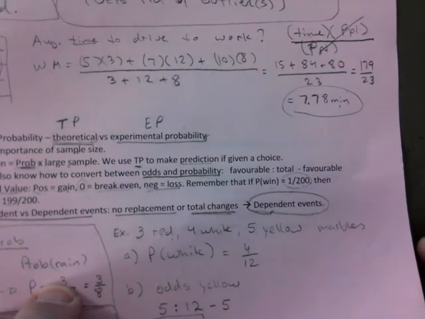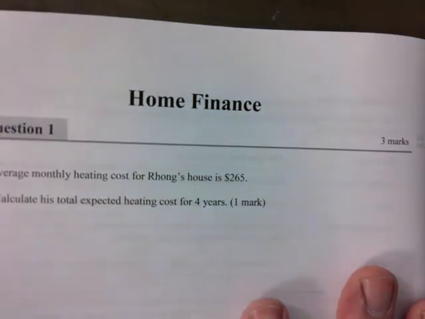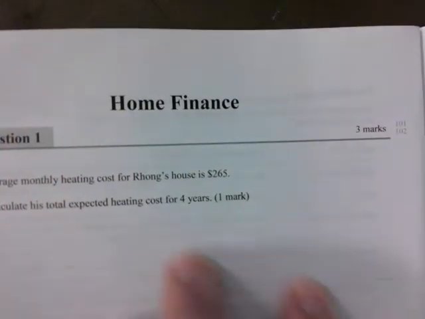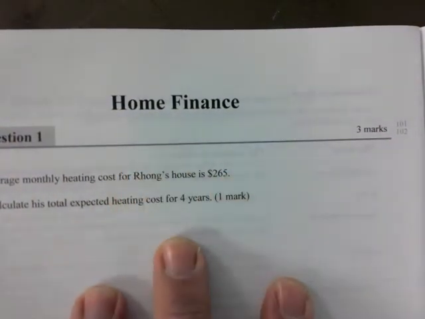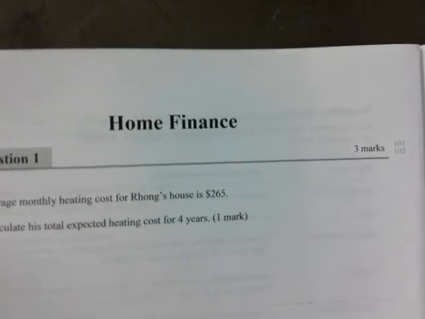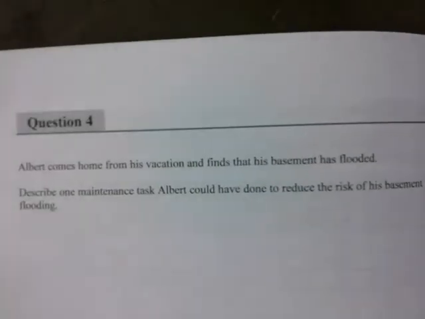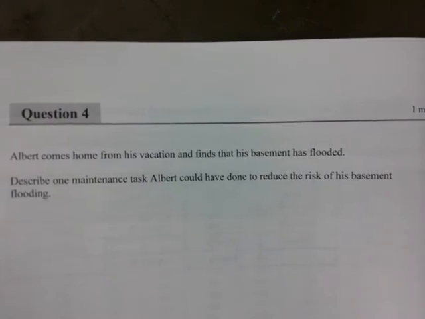Okay, let's dive into our booklets now. Let's grab that yellow booklet and spend some time working through those questions. Home finance is right at the beginning, page 1. Oh yeah, the home insurance I didn't talk about in the pink, but that's okay, that's why you're reviewing.